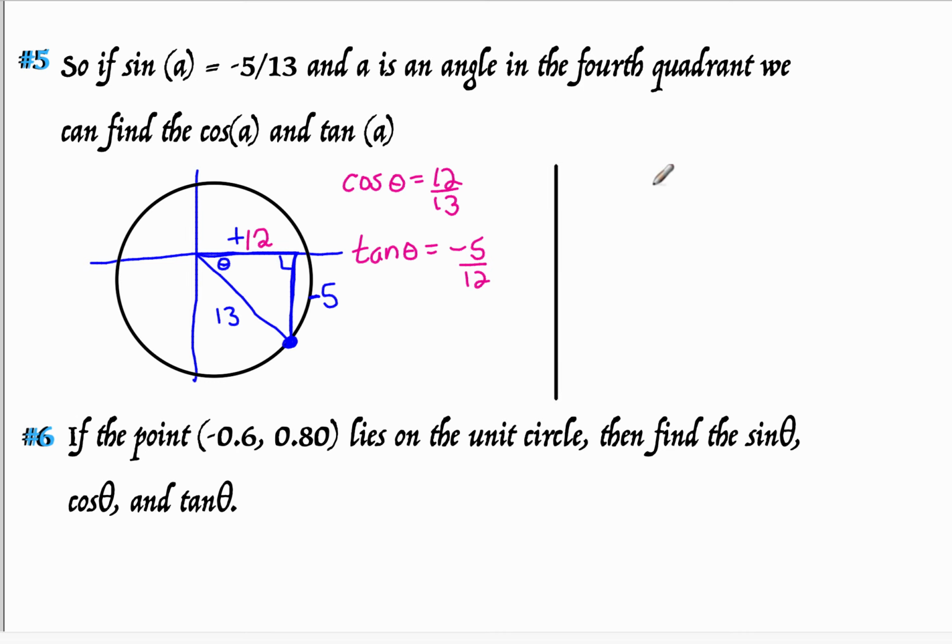The other way to do it, remember, was our Pythagorean identity. We saw that sine squared theta plus cosine squared theta equals 1. Well, and for sine, we would have put negative 5 over 13 and just proceeded to do our math.